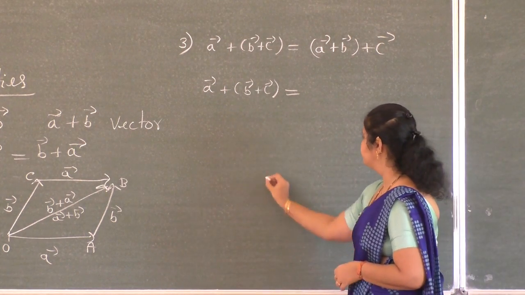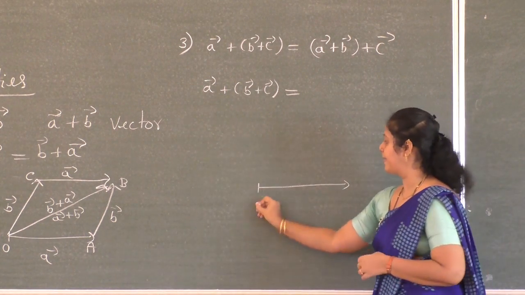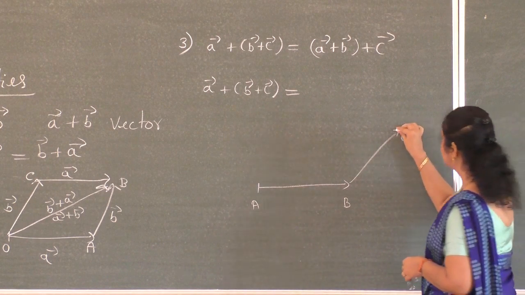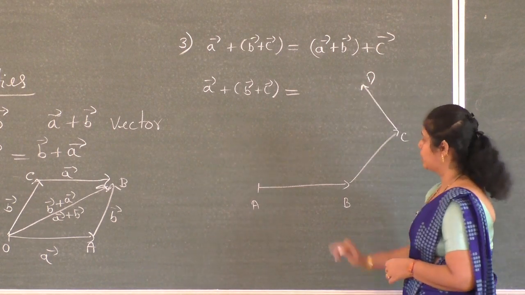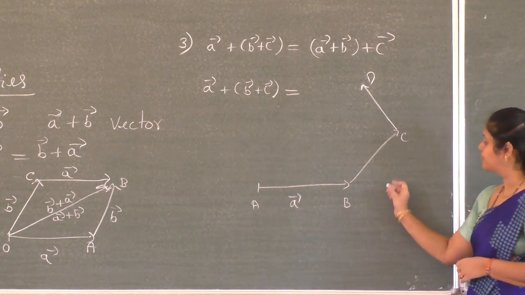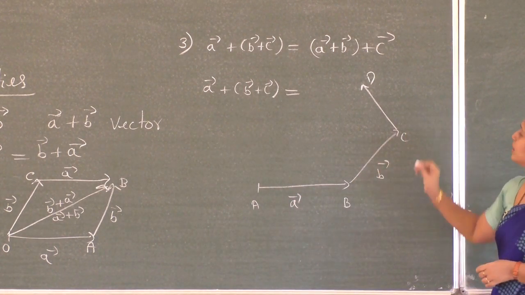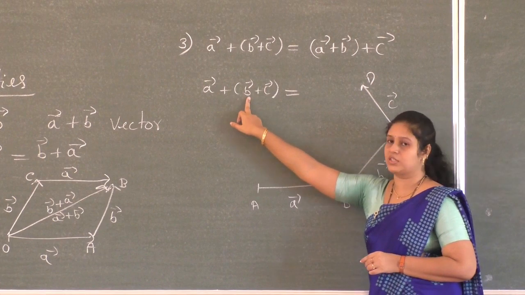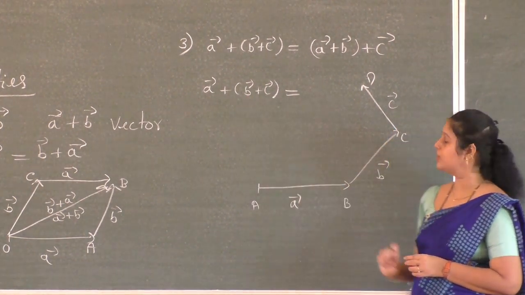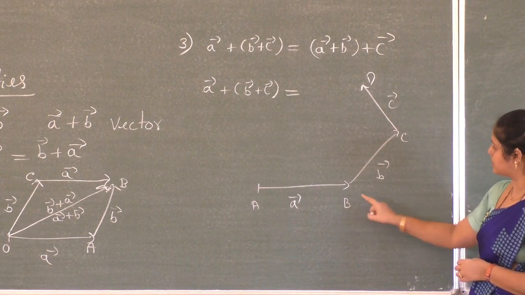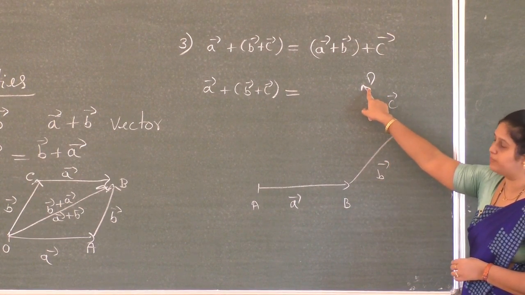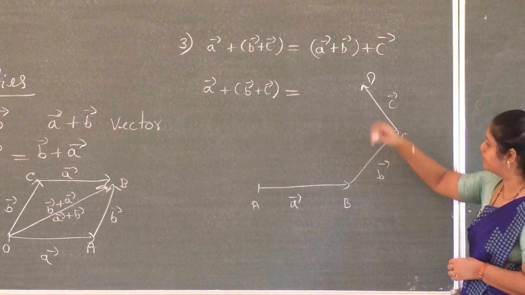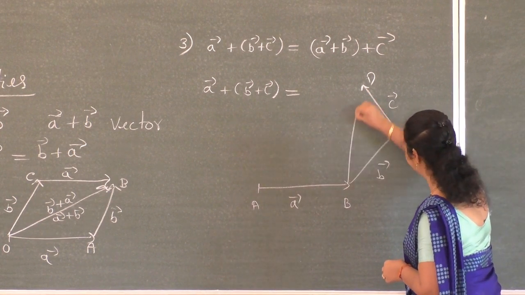Geometrically, this is vector AB, vector BC, and then I take the third vector as vector C. One vector is vector AB, which is vector A, vector BC is equal to vector B, then vector CD is equal to vector C. Now we have to add these two vectors first, vector B and vector C. So vector BC plus vector CD is equal to vector BD according to the triangle law of vector addition.